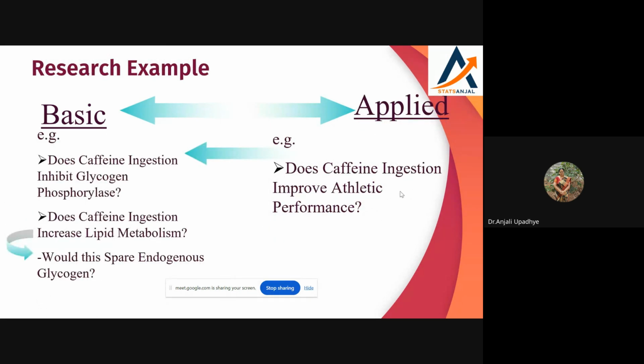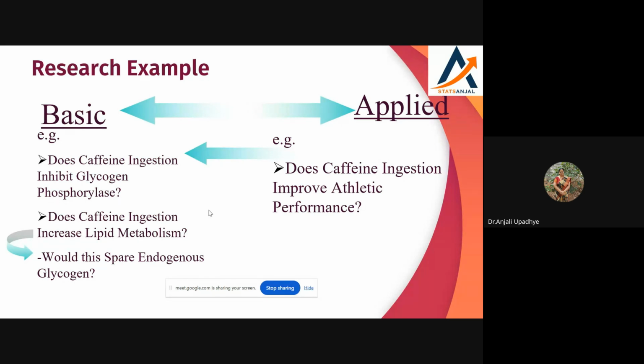Another example of applied research: does caffeine ingestion inhibit glycogen phosphorylase, or does caffeine ingestion increase lipid metabolism? This is a base theory, but does caffeine ingestion improve athletic performance? So which parameters or variables we need to study has to be decided by the researcher.